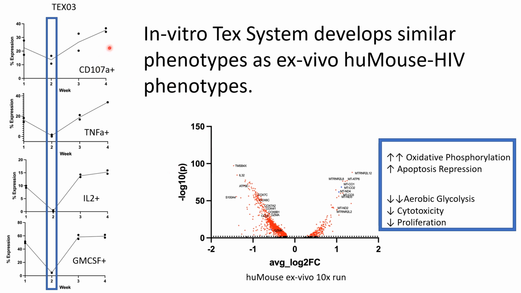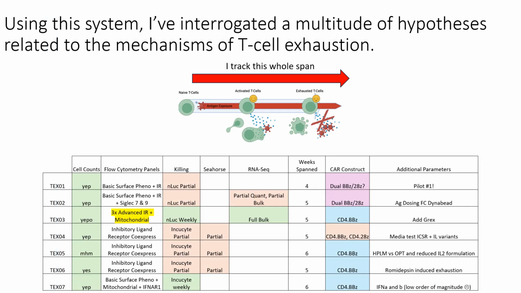So this is a demonstration of how these in vitro systems are demonstrably losing CD107A, TNF-alpha, IL-2, GM-CSF, all in an intracellular stain. And that'll kind of correlate with transcriptomic shifts that we've noted in the single cell pilot run that I was describing. So yeah, this T cell exhaustion system has been extremely versatile in our ability to interrogate different factors that cause the onset of T cell exhaustion.